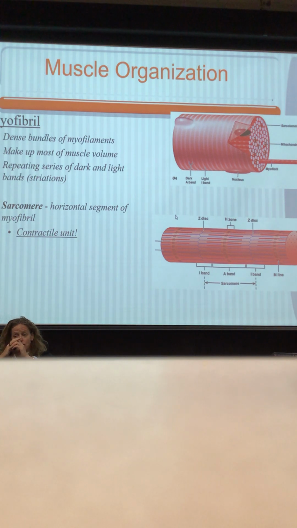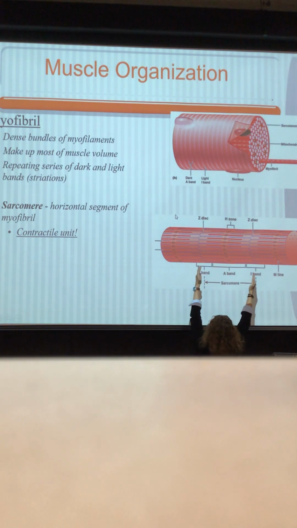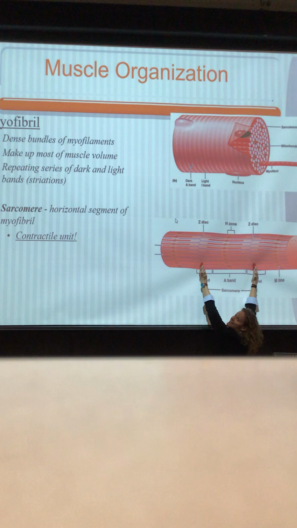It is the myofibril that is made up of the myofilaments. So here we've zoomed in, and we can see that actin and myosin are arranged in a horizontal unit.